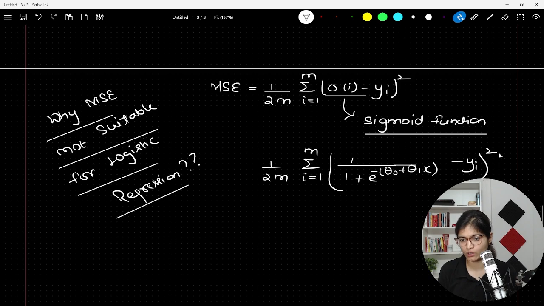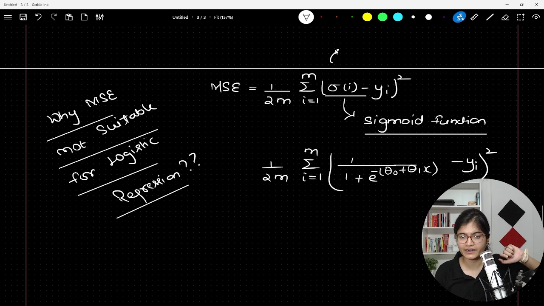Minus y of i whole square. This is something which we have, right? 1 by 2m, after that summation of i equals 1 to m, sigma of i, where I have placed this value, 1 divided by 1 plus e to the power minus z, and z is nothing but theta 0 plus theta 1x, minus y i square, which is the actual data. This is what we have in case of linear regression.